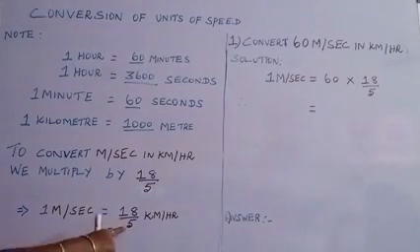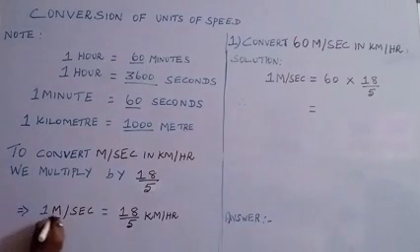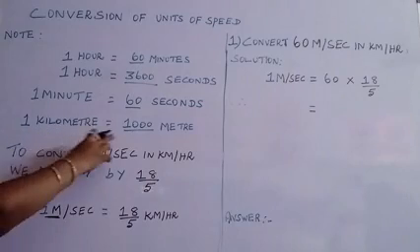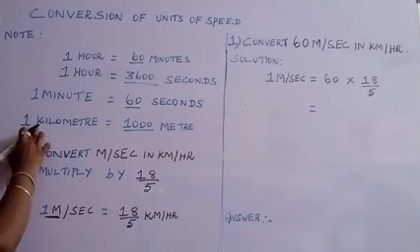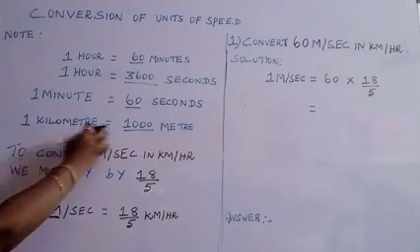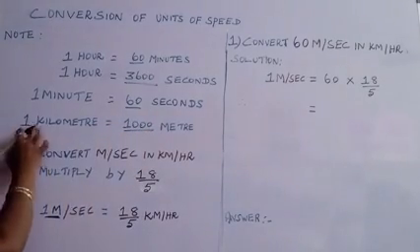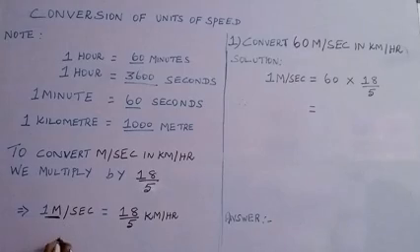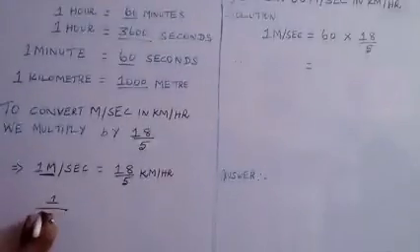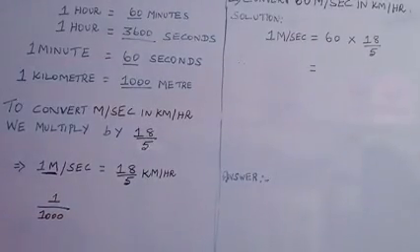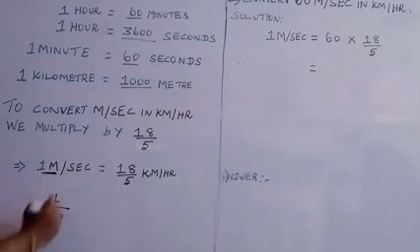How do we get this result? Listen, children, here we have 1 meter. So 1 meter, that means how much kilometer? 1 meter is equal to 1 divided by 1,000 kilometer, isn't it? Then seconds, children.